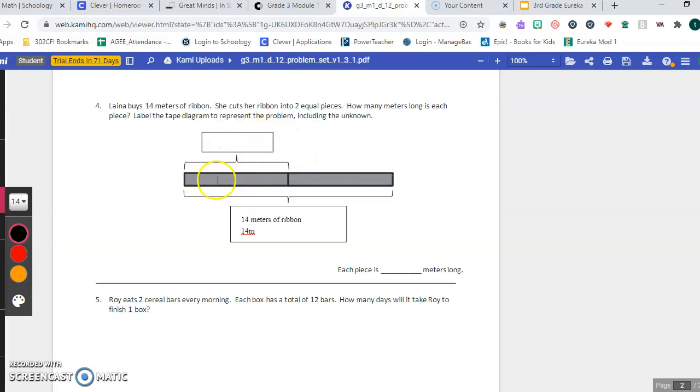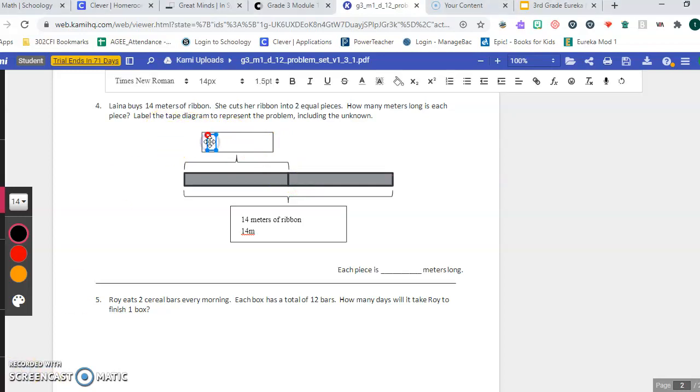So we know that each group is going to be half of the total. How many meters long is each piece? Okay, so it's asking for half of the length of 14. So each part of this tape diagram is half of the length of the meter of the ribbon.